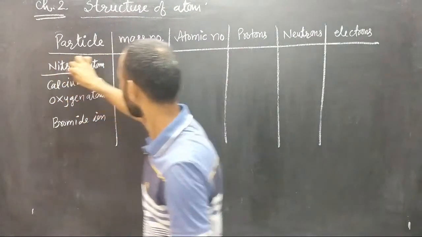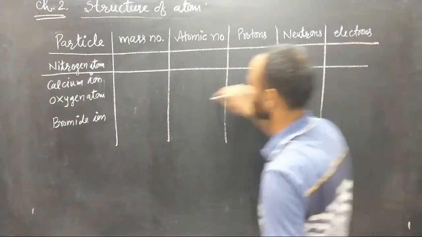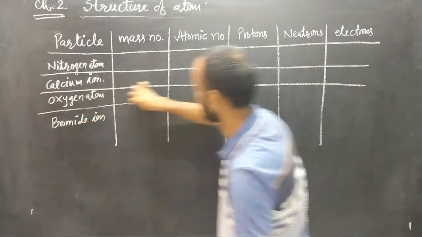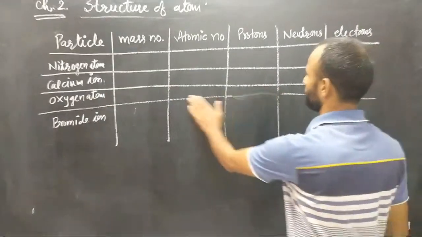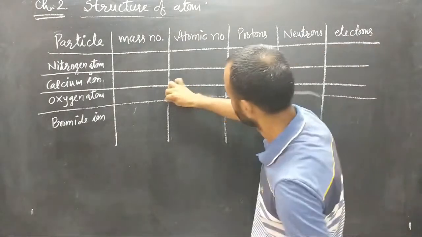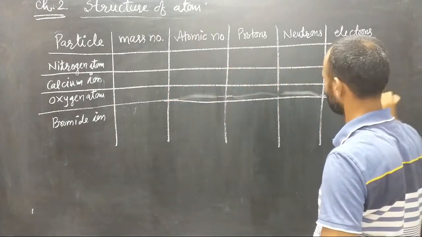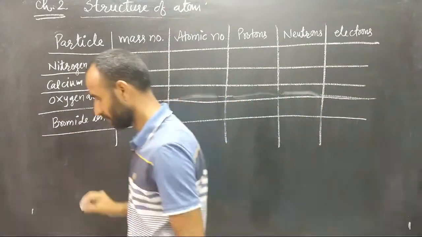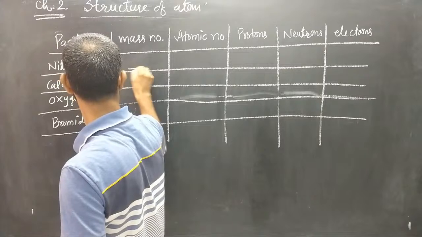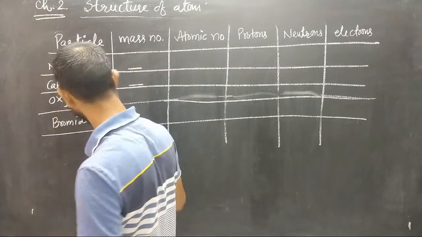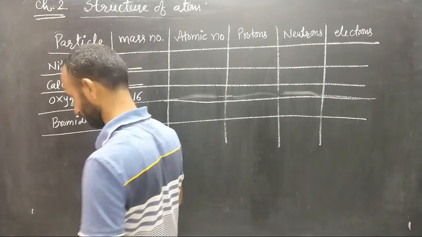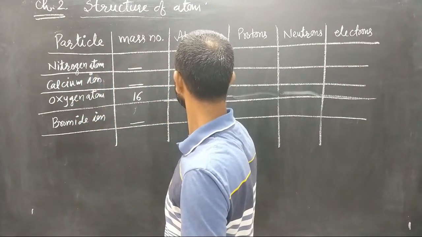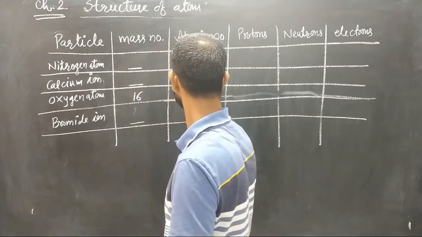Okay, this is the table. In this table you have to fill these masses. This is 16, 20, 8.